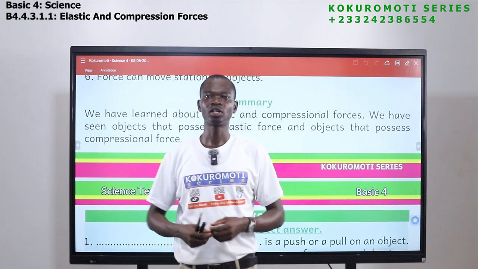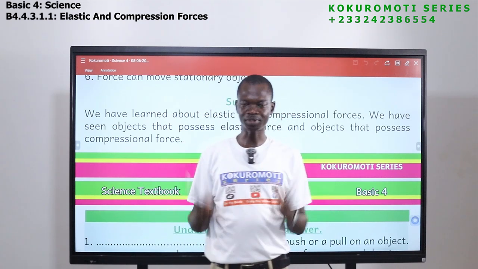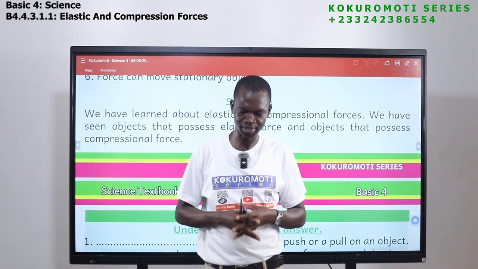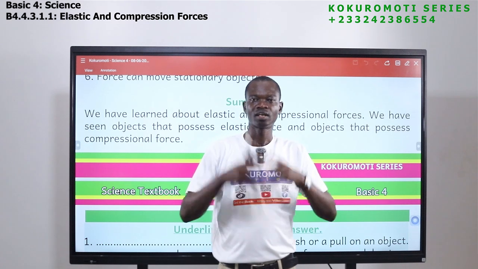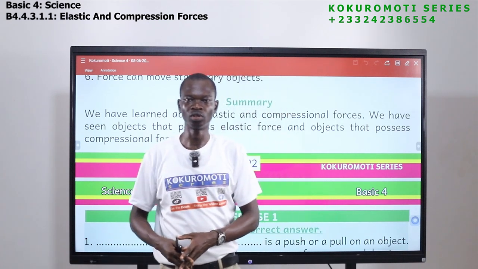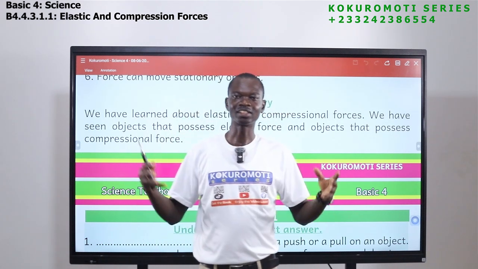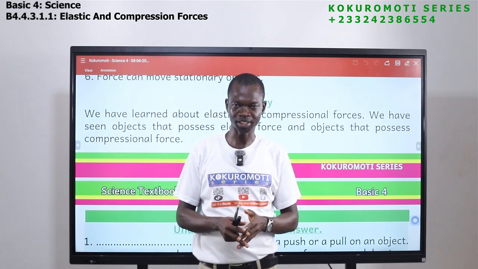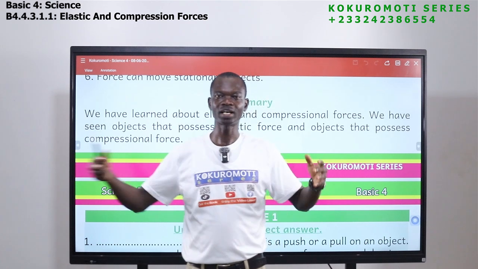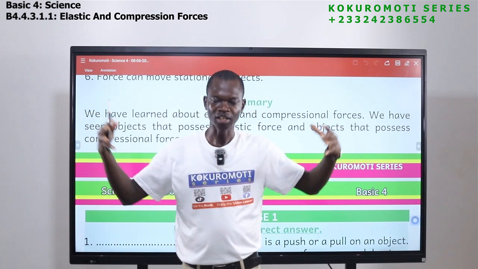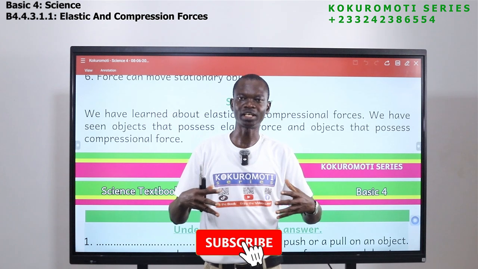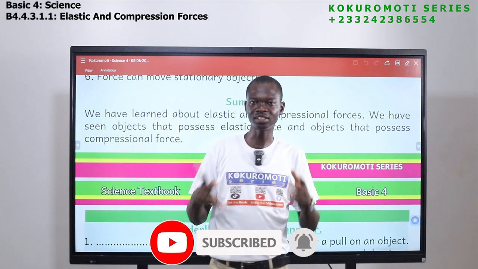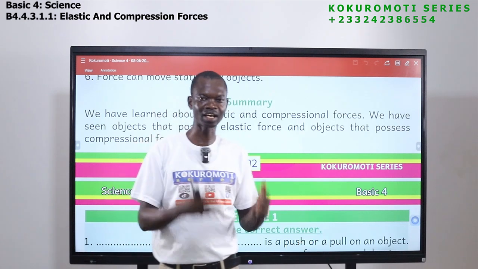The elastic force helps restore an object when it is stretched, compressed or pressed. Compressional force too is a force that helps us to reduce the size of an object. So external force comes together, presses an object to reduce the size. That is compressional force. We see this in a mattress, we see it in other objects.